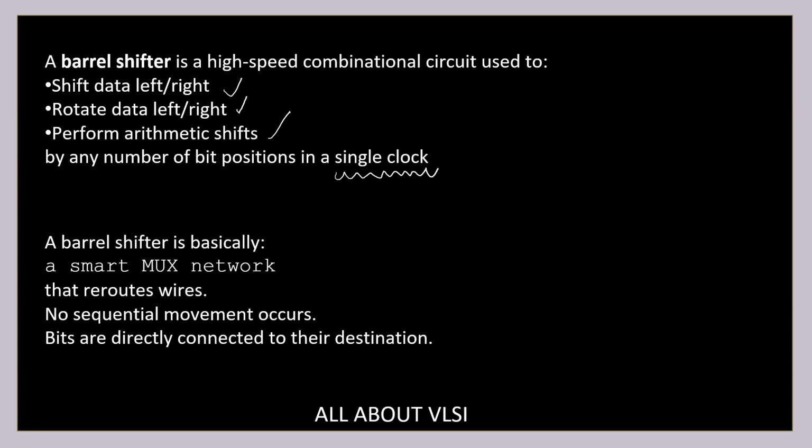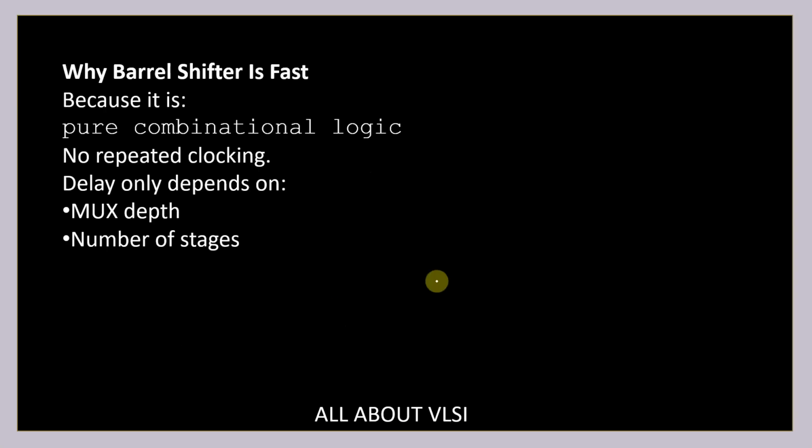Barrel shifter is basically a smart multiplexer network that reroutes the wires, and no sequential movement occurs; bits are directly connected to the destination. Now, why is barrel shifter very fast? Because it is purely combinational with no repeated clocking, and delay depends only on multiplexer depth and the number of stages.